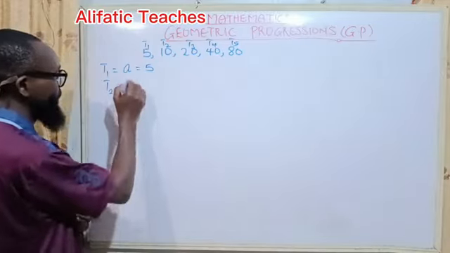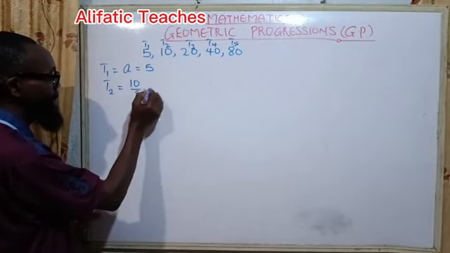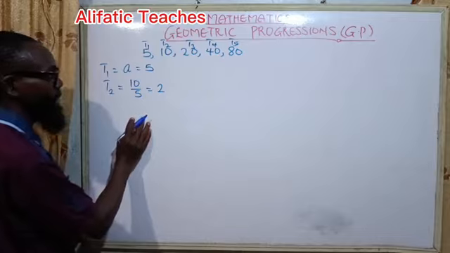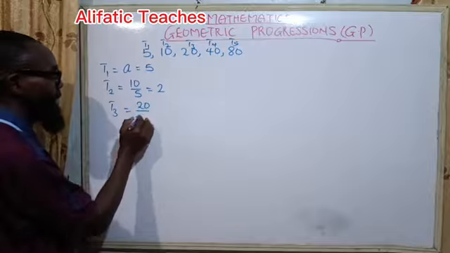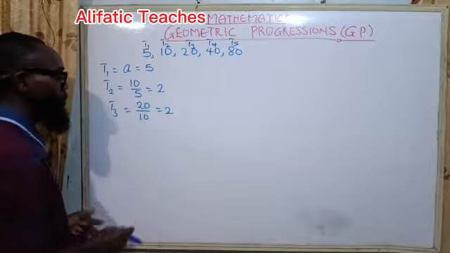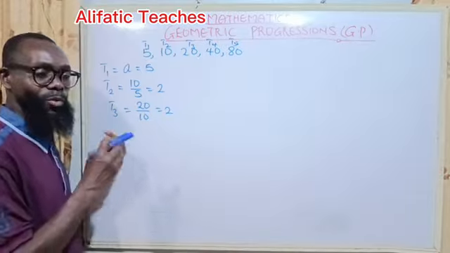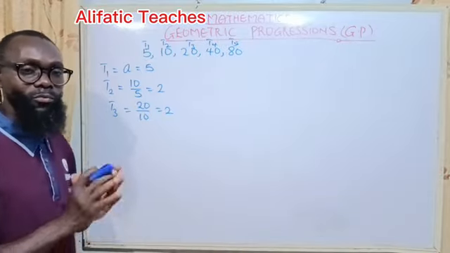So T2 is going to be 10 divided by 5, which gives 2. Likewise, the third term will be given as 20 divided by 10, which gives 2. When we continue like this, we are going to get the same common factor.